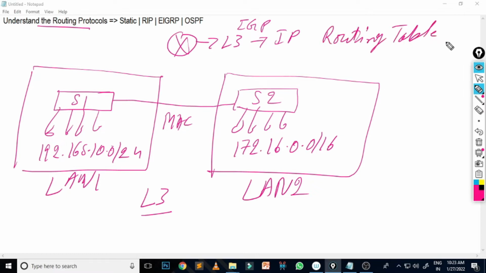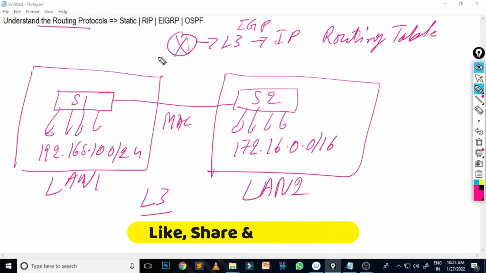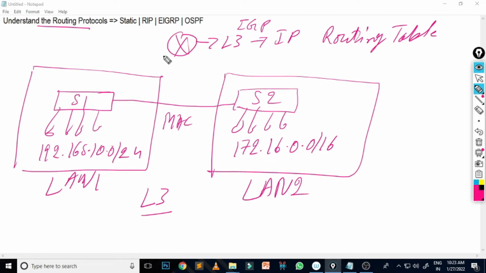With the help of that routing table, the router transfers data from one network to another network. So the one line statement to understand the routing protocol is: the device which can enable intercommunication between two or more networks is called a router.